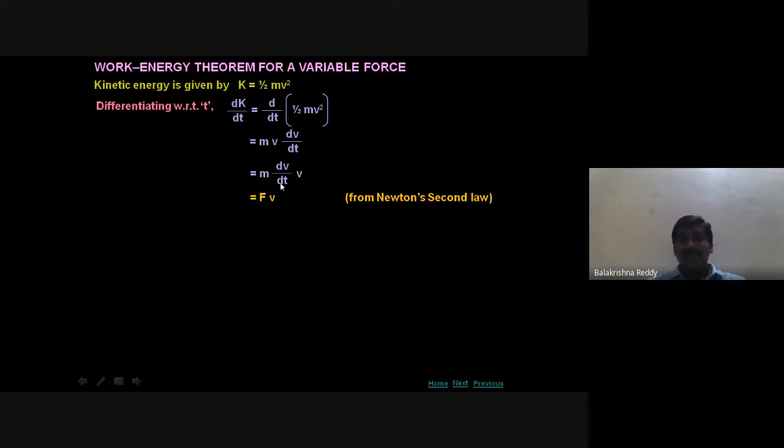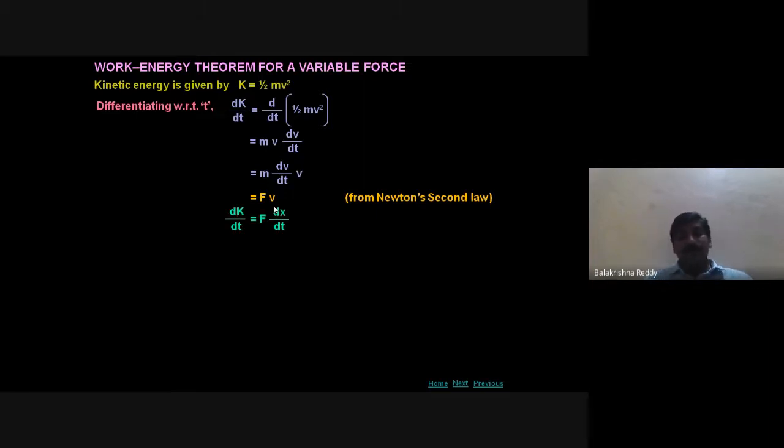M into acceleration gives force. So force into v comes from the change in kinetic energy with respect to time. I got force into v, which also shows Newton's second law of motion.